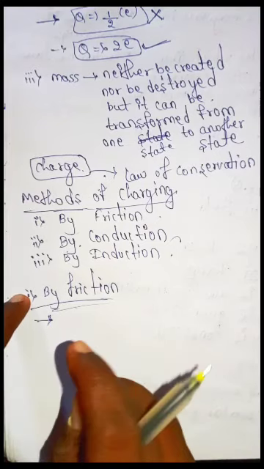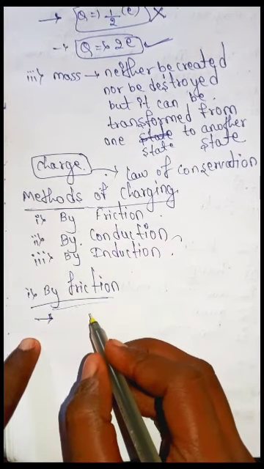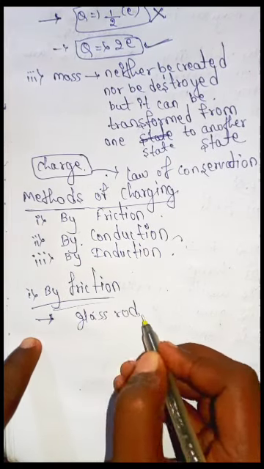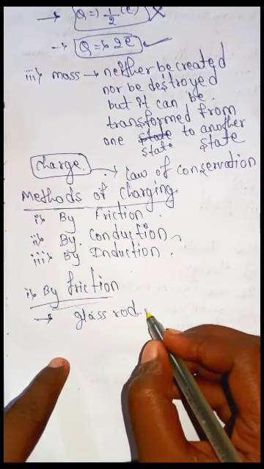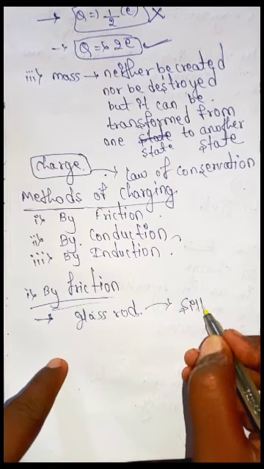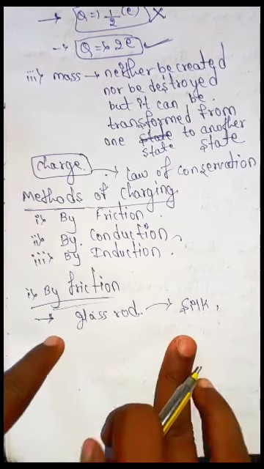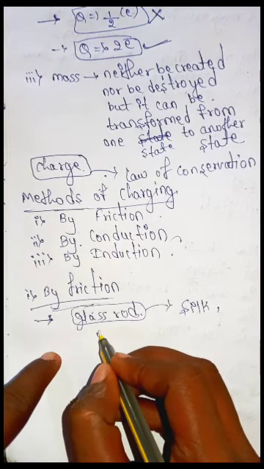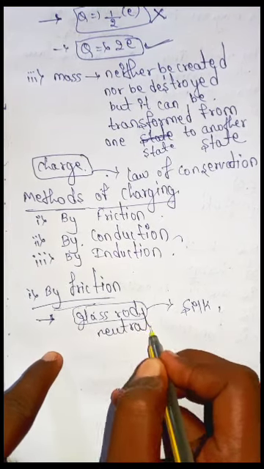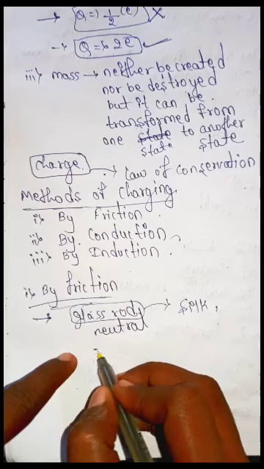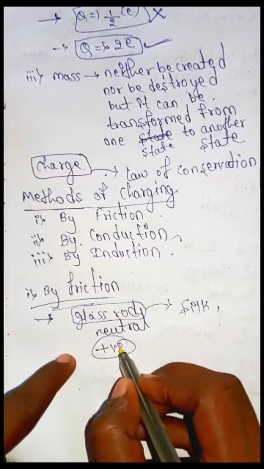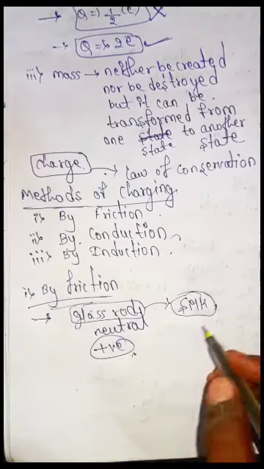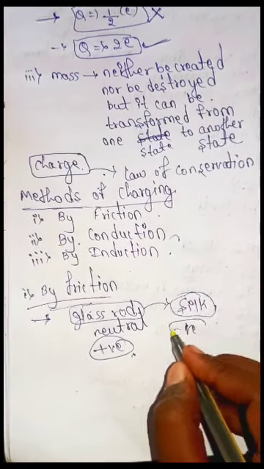For example, if we rub a glass rod with silk, the neutral glass rod gets positive charge while the silk gets negative charge.